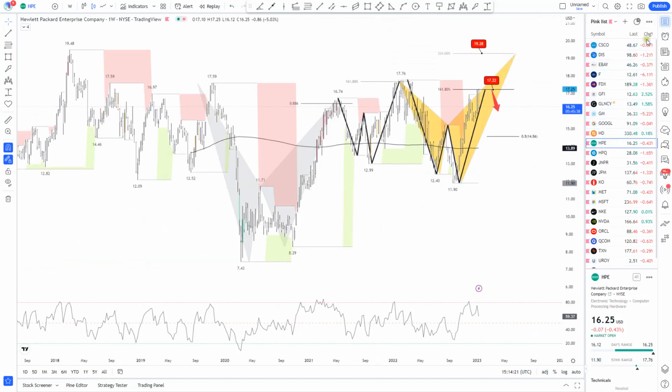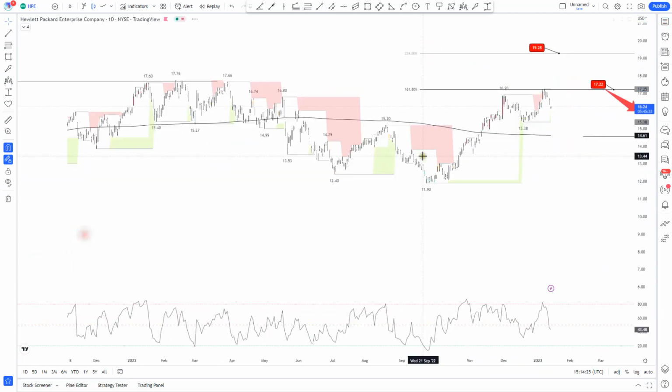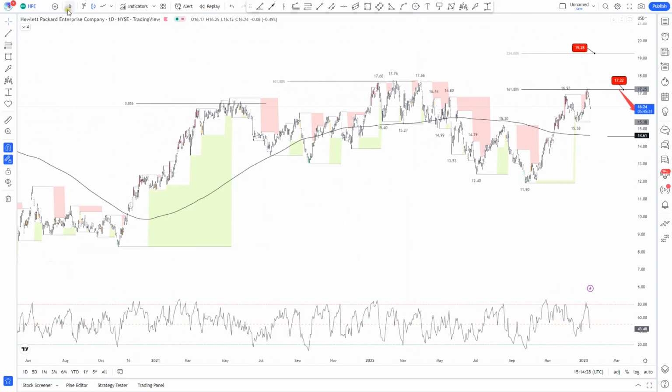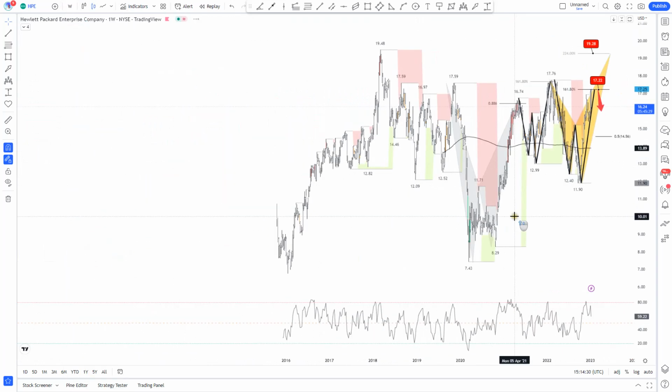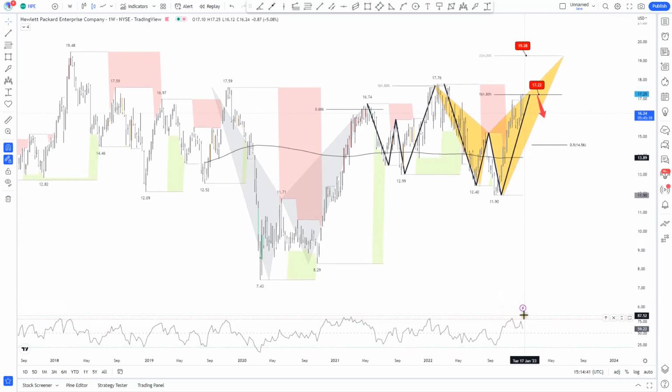Now, I shared this one this week. I think I shared this on a weekly. I shared this chart before on Twitter, and as we can see, we are trading overbought. Actually, we are pulling back from this golden Fibonacci extension level.